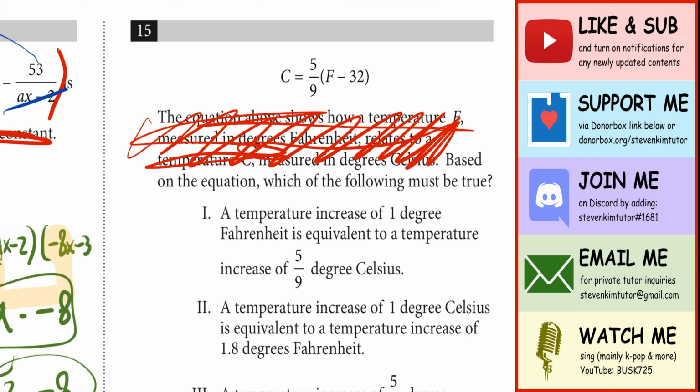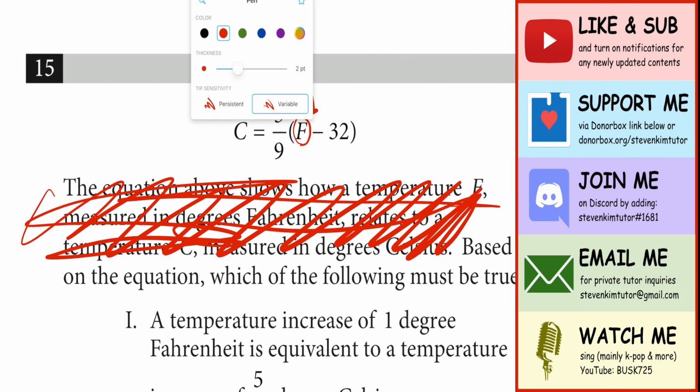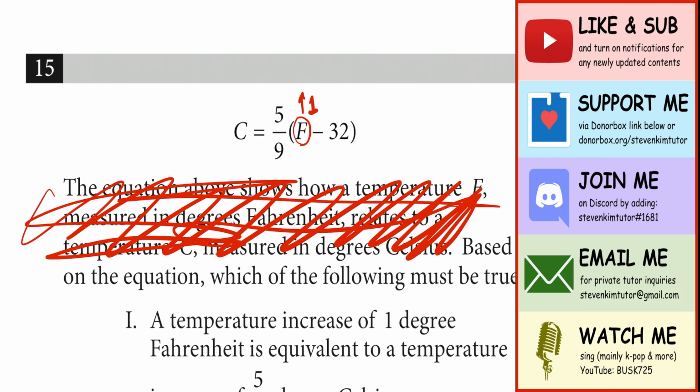So check this out. I want you guys to understand. Just imagine I grab this and I increase it by 1. Now, if you think about the impact on the Celsius, would that be the same effect? As in, I bumped the Fahrenheit by 1, so is the Celsius also going to go up by 1? And the answer is, of course, no. Because why? Bumping up by 1 is actually countered by multiplying by that 5 over 9.